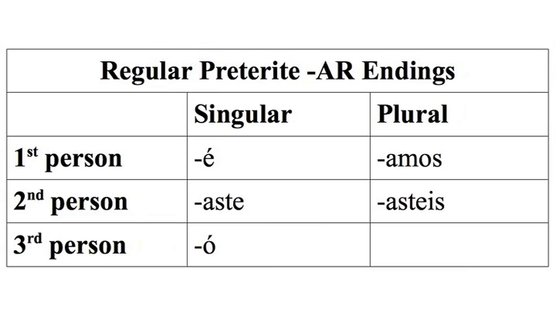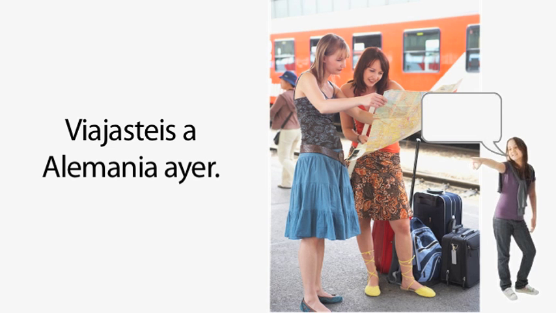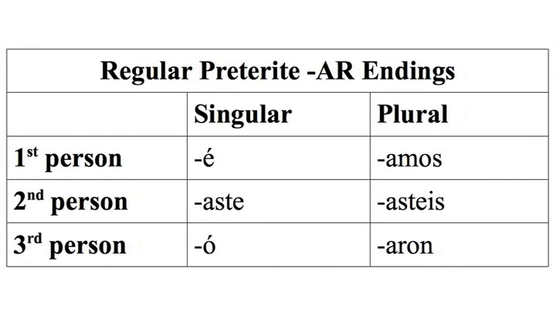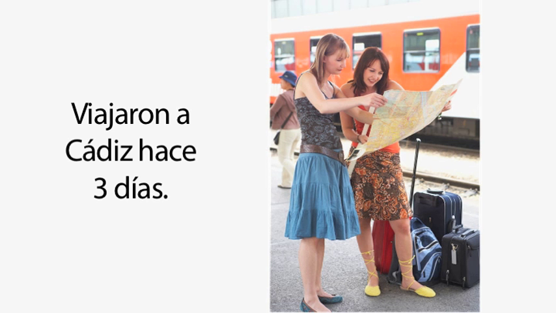Instead of aste, you'll have asteis. Just add an is to the tú form. No accents in this one. Viajasteis a Alemania ayer. And last, you already saw this form. Just add aron to the stem of the verb. Viajaron a Cádiz hace 3 días.